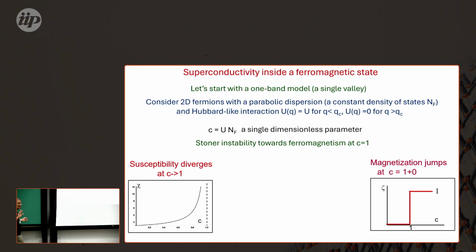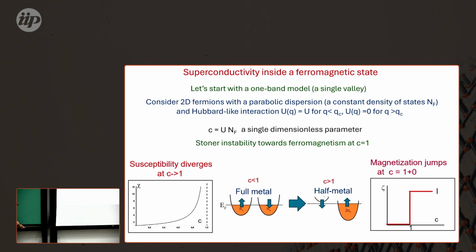Okay, guys, at this moment, what I want to say is this. You have an ordered state in which magnetization instantly jumps to the largest value. This is a special situation, but essentially it's like a first order transition. And from our perspective, what it immediately tells us is that you go from full metal to half metal.